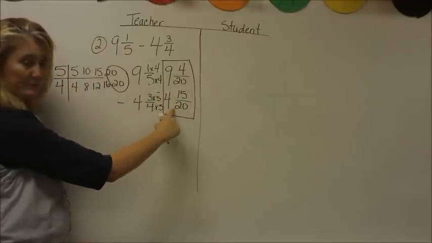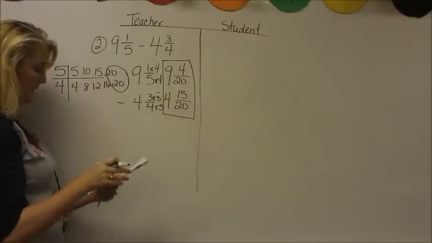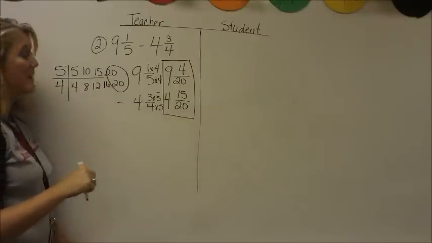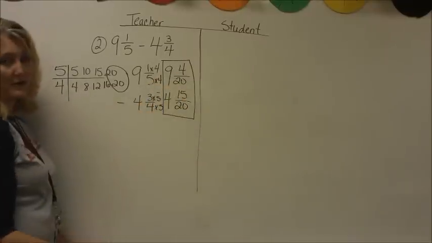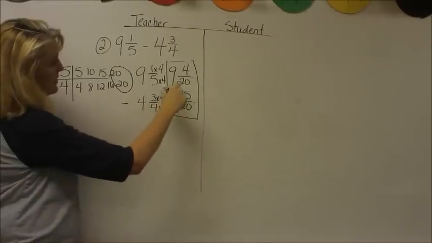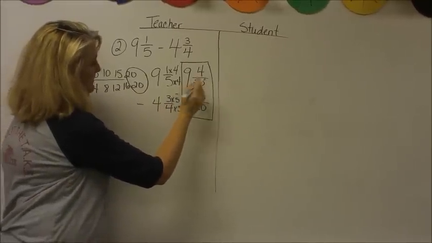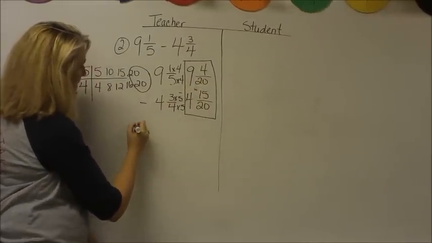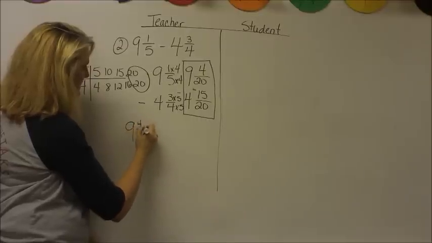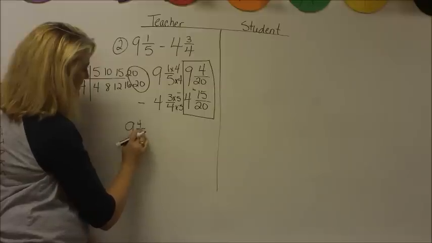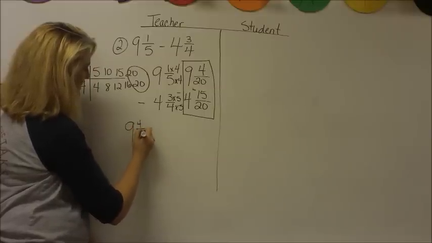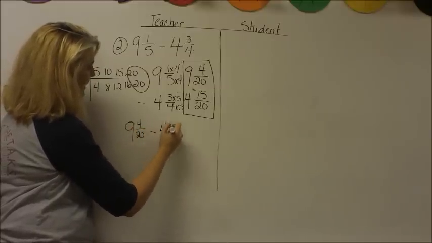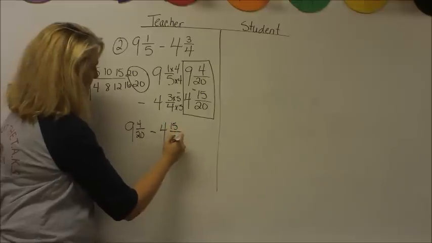From right here, I'm going to do method number 2, where it talks about changing everything to improper fractions, okay? Let me rewrite it again. 9 and 4 twentieths minus 4 and 15 twentieths.